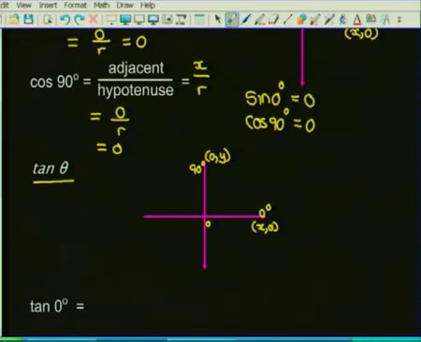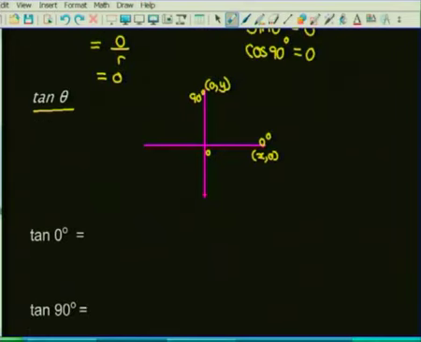So if I talk about the tan of 0 degrees, remember, tan is the y value over the x value. So at 0 degrees, the y value is 0, and the x value is x. Now, x is not going to be 0, so we can safely say that the answer of this will be 0. So the tan of 0 is no problem.